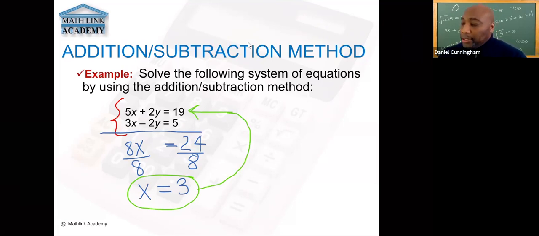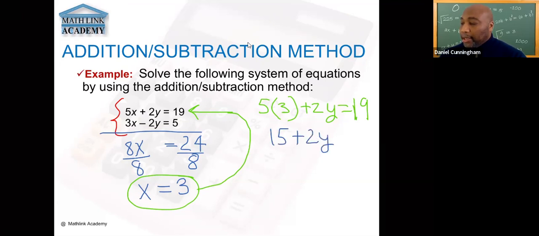And so I'm going to say 5 times 3, that's my x value, plus 2y is equal to 19. Now we're going to solve for y. So this will be 15 plus 2y is equal to 19. Therefore, 2y, as we subtract 15 from both sides, gives us 4. And therefore, divide both sides by 2.